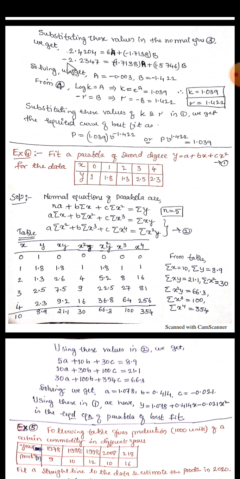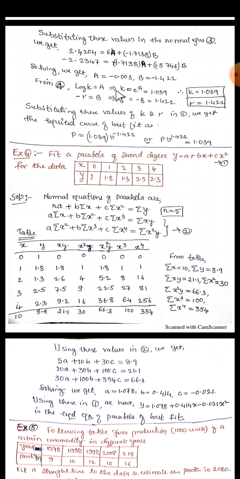The second normal equation: minus 2.2347 equals minus 1.7138A plus 1.5746B. Solving these two equations, we get capital A and capital B values. Capital A is minus 0.003, capital B is minus 1.422.